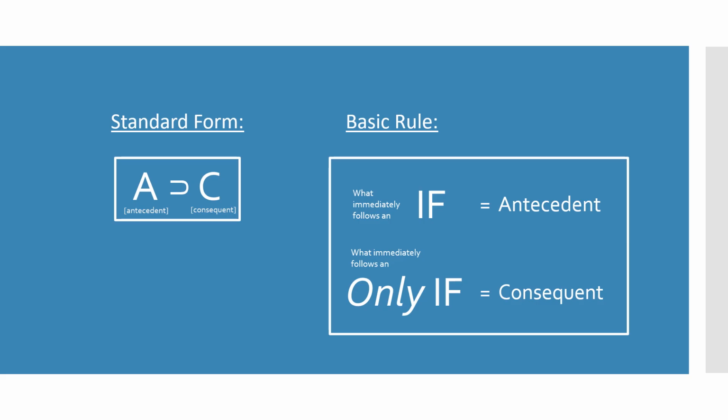Now, in terms of translating, the basic rule you need to memorize and get very comfortable with is that if you have an if claim, if I just say if X or whatever, what immediately follows the if by itself should be the antecedent, and you need to make sure that it sits in front of the horseshoe. On the other hand, when you see only if, whatever immediately follows an only if claim should be your consequent.